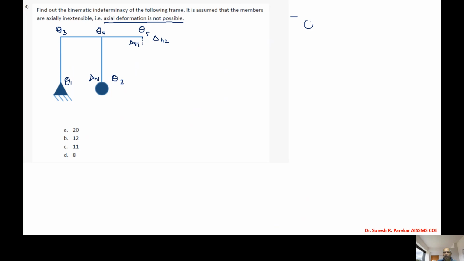So if we see, theta we have 5, delta H we have 2, and delta V1 we have 1. So total we have 8, and therefore DK is equal to 8. So this is the fourth, where kinematic indeterminacy is equal to 8.